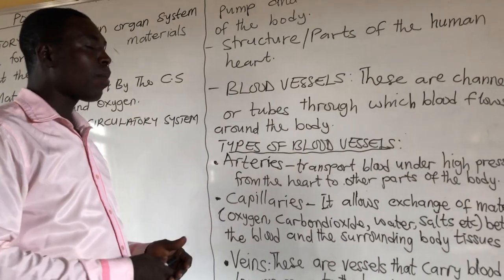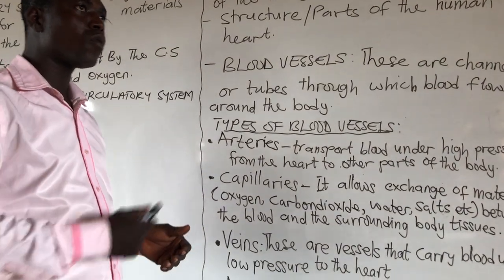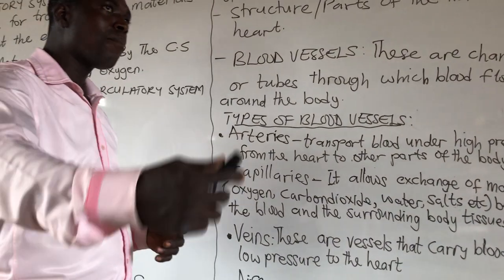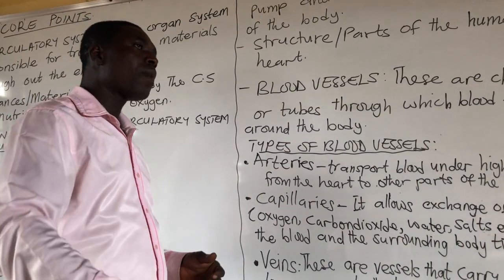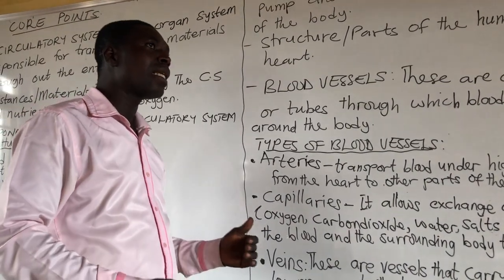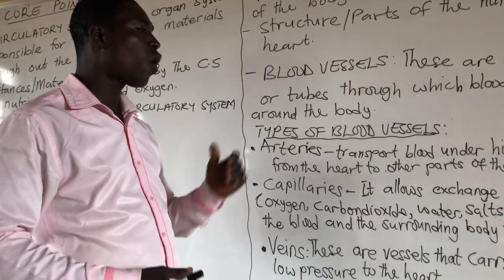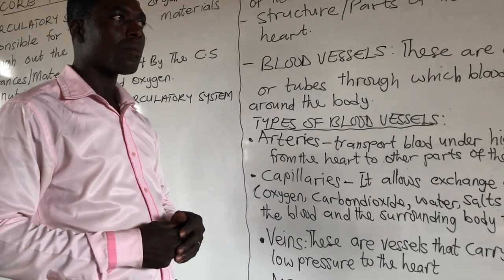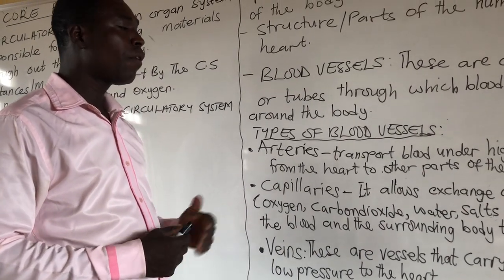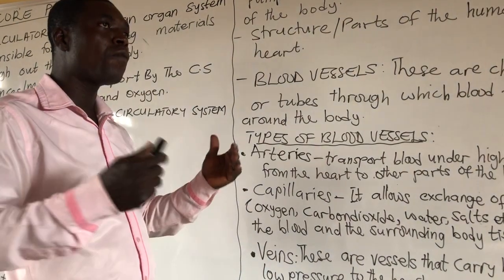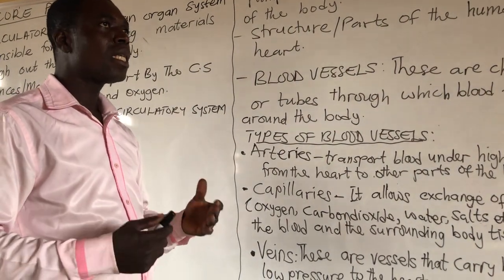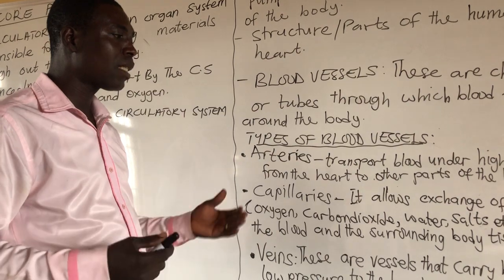It means that as the blood flows from the heart to all parts of the body, the same blood also flows from the parts of the body to the heart. And this is what we call the to and fro flow of blood. And remember that without the movement or the flow of blood in your system, the human system cannot function well.